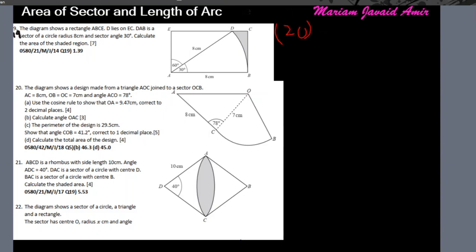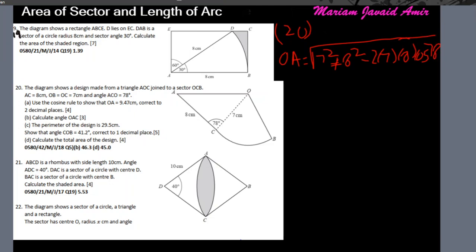Question 20. So I'll just do this quickly. Use cosine rule to show OA equals, so cosine rule will simply be OA equals root of 7 squared plus 8 squared minus 2 times 7 times 8 times cos 78. This should give you this value. Okay, this is part A. Part B, calculate the angle OAC.